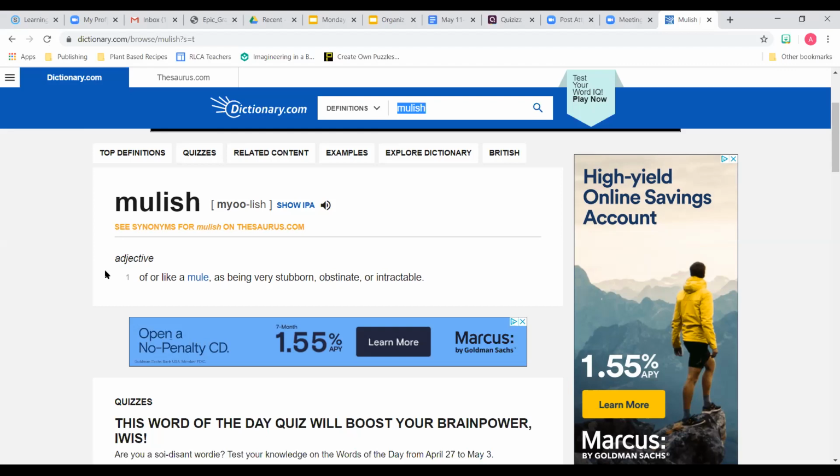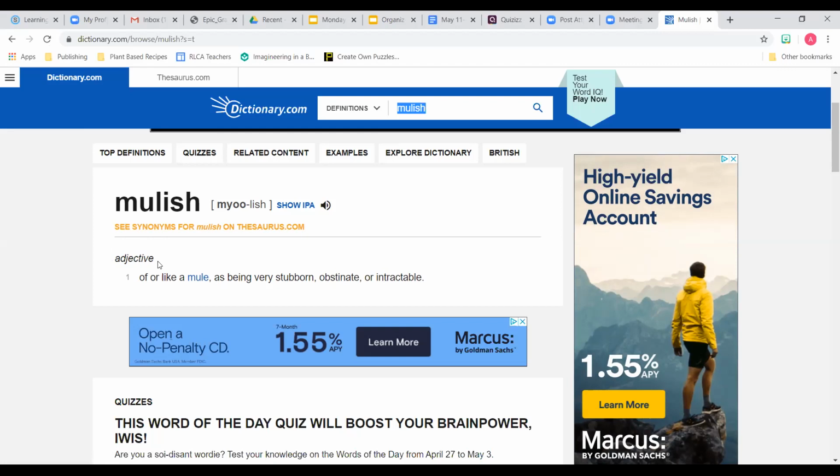It gives you the part of speech, which is an adjective. And remember, adjectives describe what? They describe nouns. So mulish is of or like a mule. And I will tell you, mules are known to have these other characteristics that it gives in your definition. Of or like a mule, as being very stubborn, obstinate, or intractable. So that is the definition of mulish.